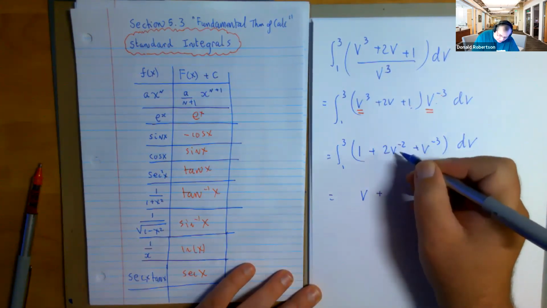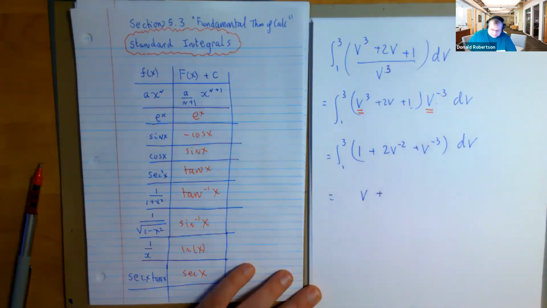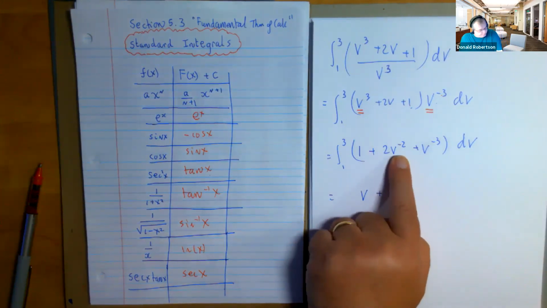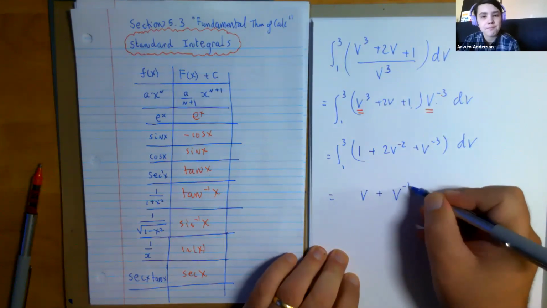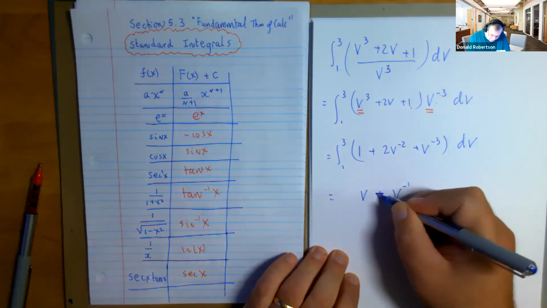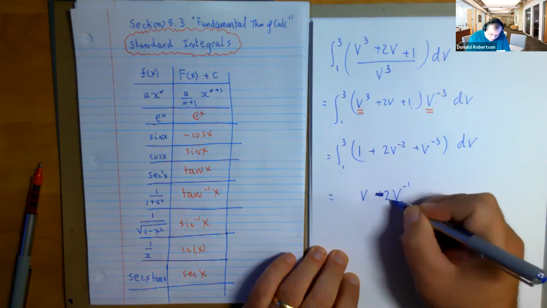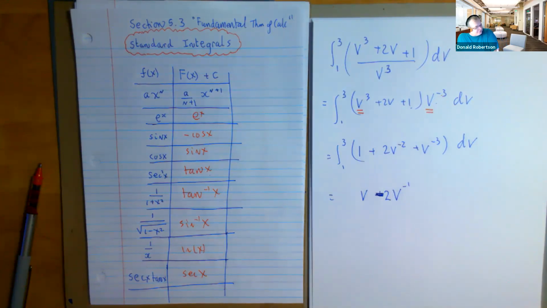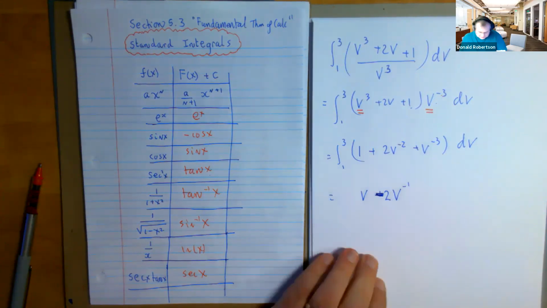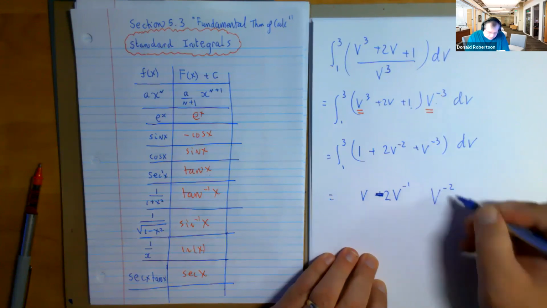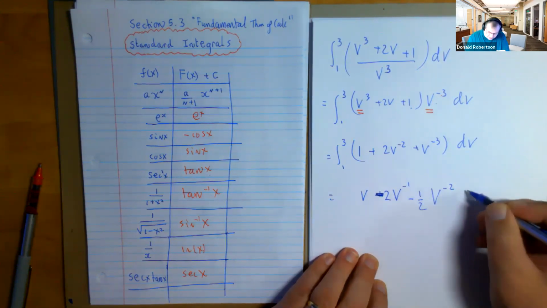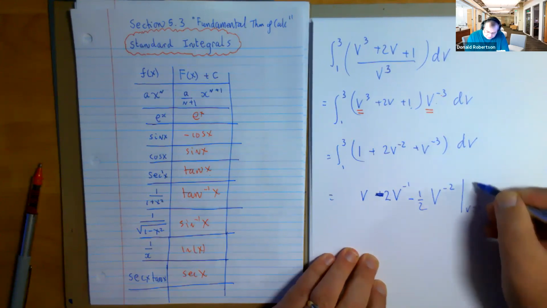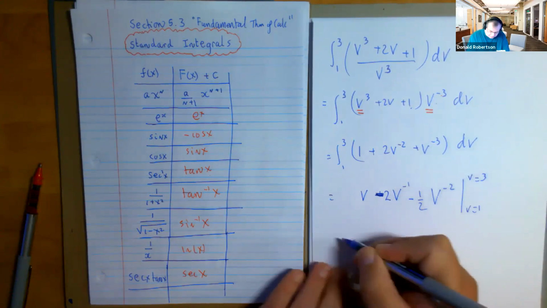What do you get if you add 1 to this guy here? v to the -1. And if you divide by that new power, I should have called that negative. And this fella is going to be what? v to the -2 when you add 1. And divide by the new power, you get a half here. And that's going to be evaluated at these two.